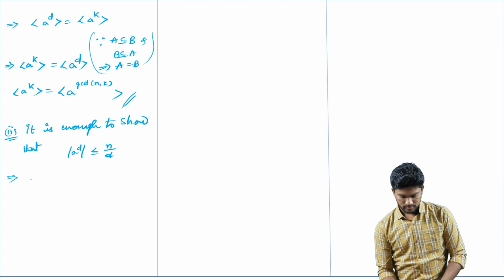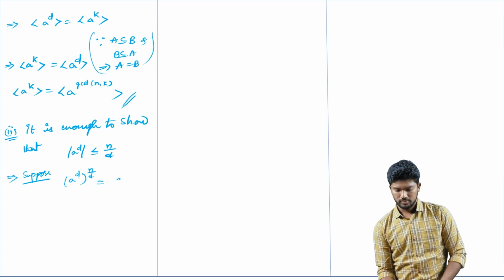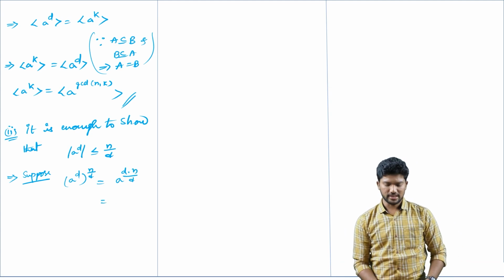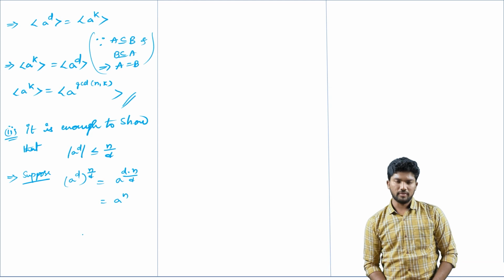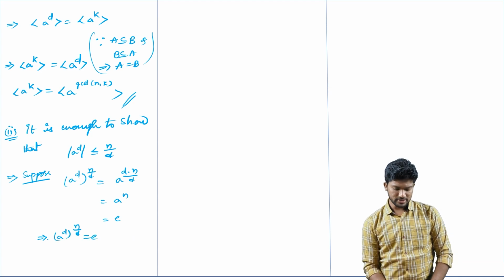Now suppose a power d whole power n by d is equal to a power d into n by d. The d's get cancelled, so you will get a power n. From equation number 1, a power n will be e. So a power d whole power n by d is equal to e.